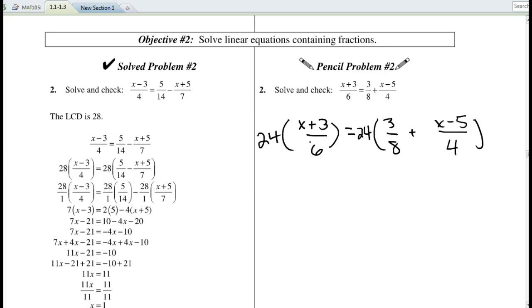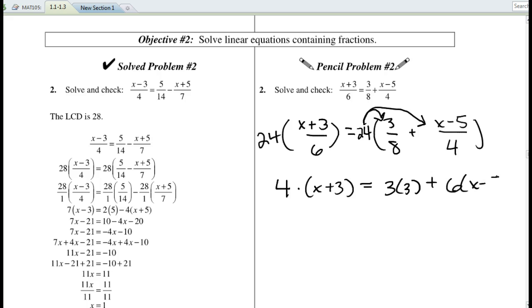So the left-hand side of the equation, 6 goes into 24 4 times. So we have 4, and then we still have to multiply by the x plus 3. And then on the right-hand side of the equation, remember this 24 needs to get distributed. So 8 goes into 24 3 times, so we have 3 times 3. And then 4 goes into 24 6 times, so we have 6 times x minus 5.